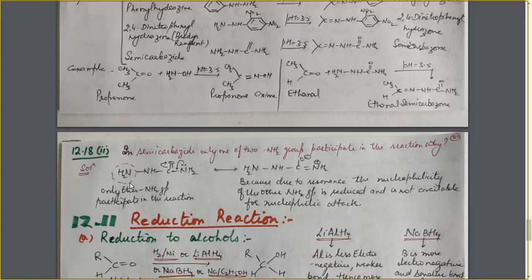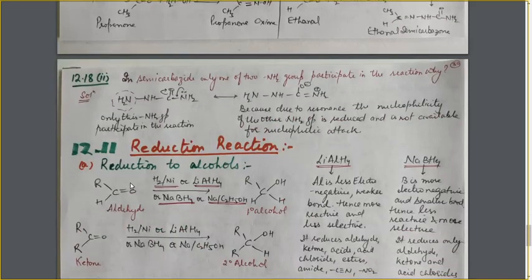Right? Next, why is this NH2 group not participating in this reaction? Because of the presence of resonance with this C double bond O group, because of the presence of this intermediate NH group, this lone pair will not conjugate with the double bond.